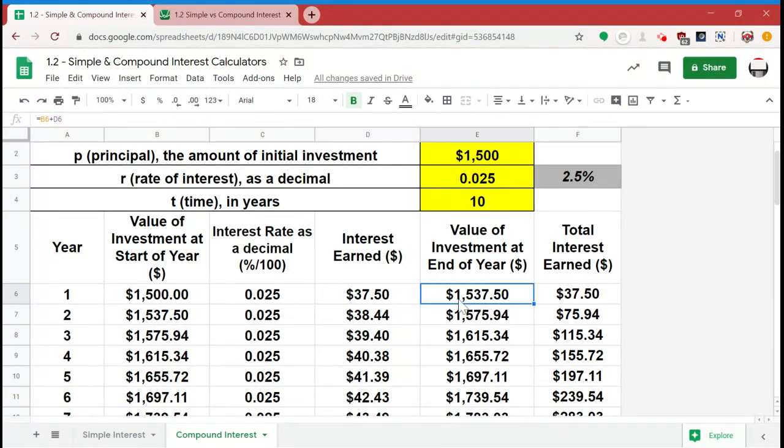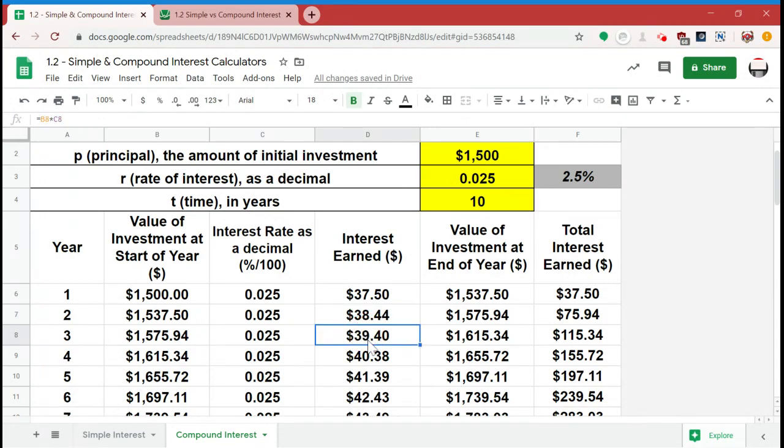So that means our total at the end of year 1 is $1,537.50. And then in year 2, instead of the interest earned being based on the amount of money that was there in year 1, it's based on how much money you have in total. So this interest is based on the year 2 value times the interest rate to get $38.44.